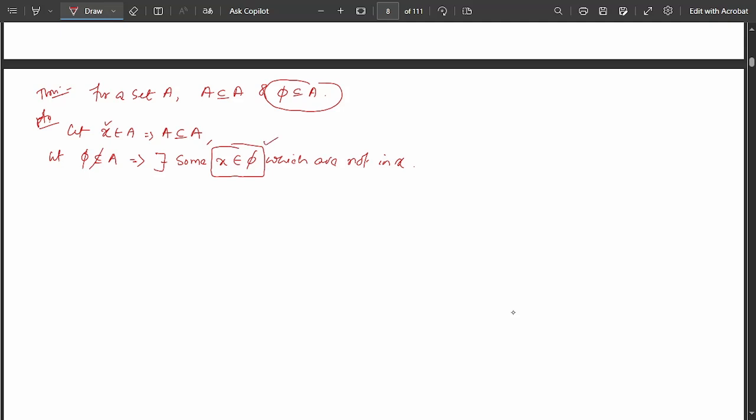Since phi is the empty set, there is no element, so you cannot find any x that belongs to phi, which is a contradiction. So phi is a subset of A.